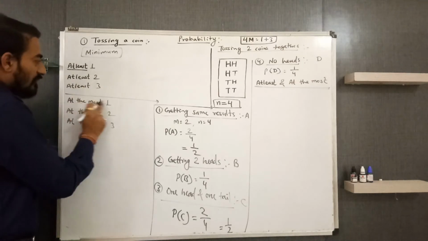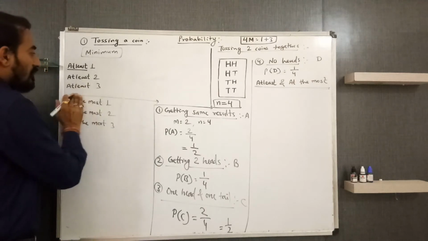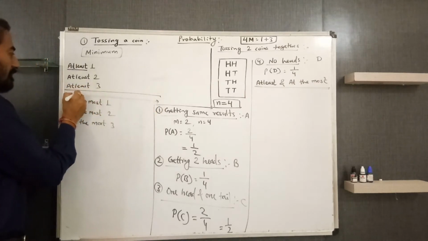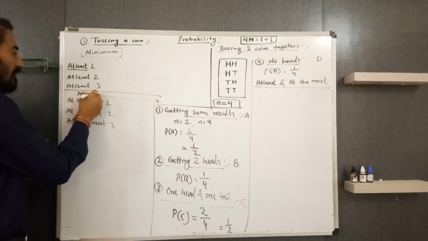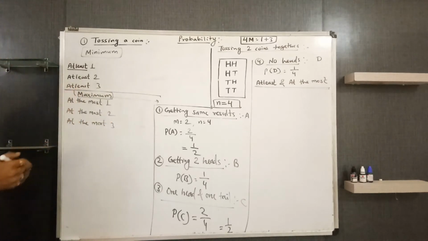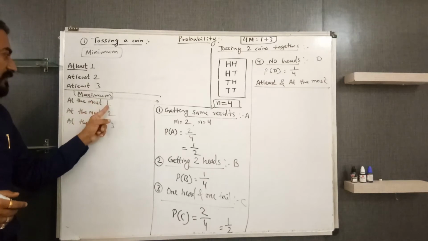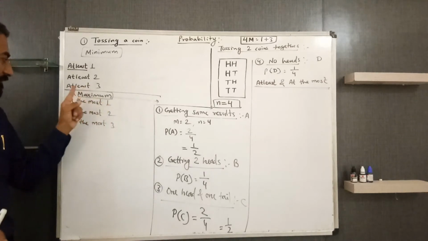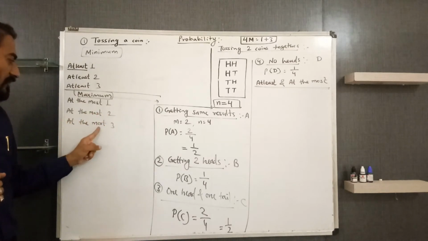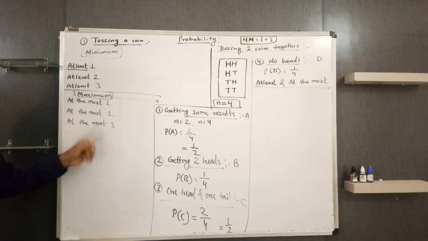At the most 1 means here the highest value you have. In this case the maximum value is defined. At the most 1 means highest value is 1. More than 1 you cannot tell. At the most 2 means highest value 2. At the most 3 means highest value 3.